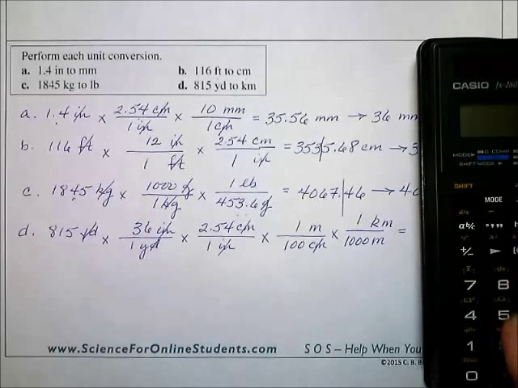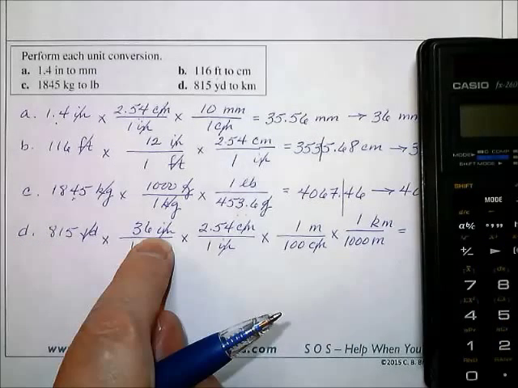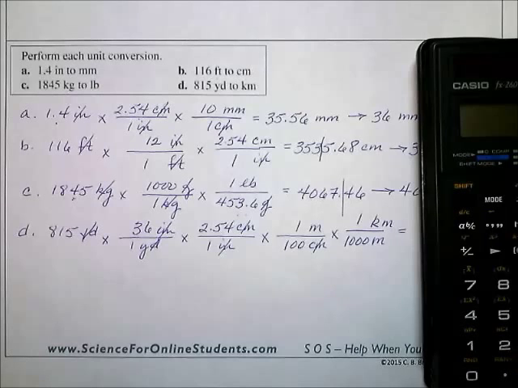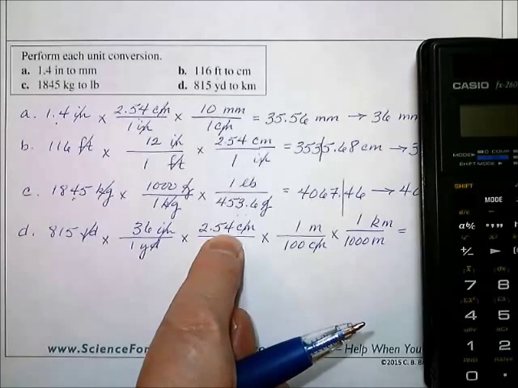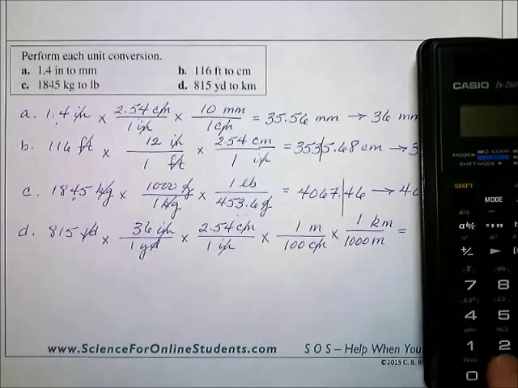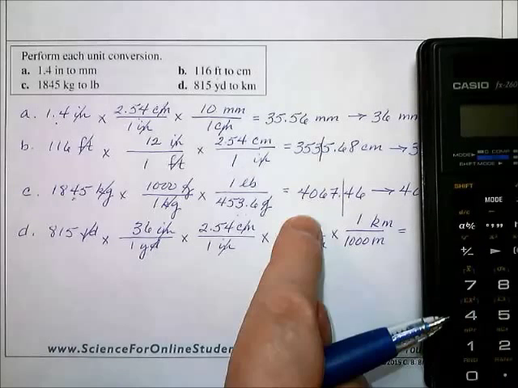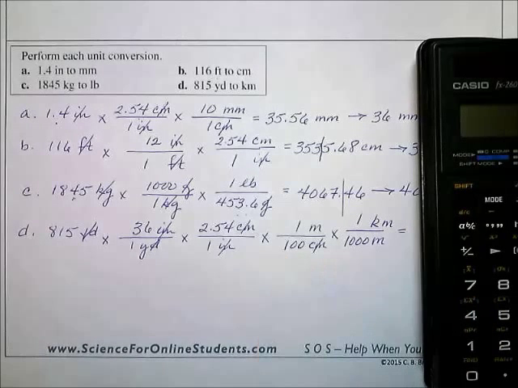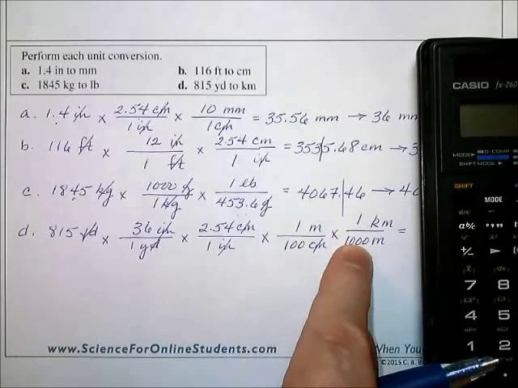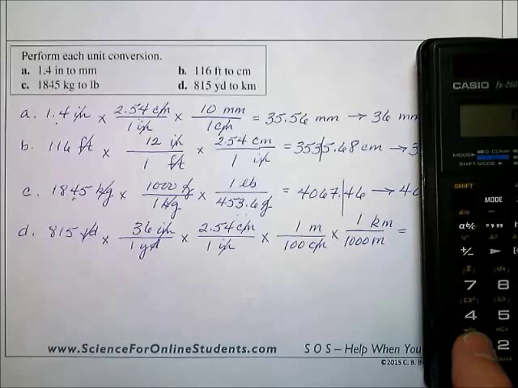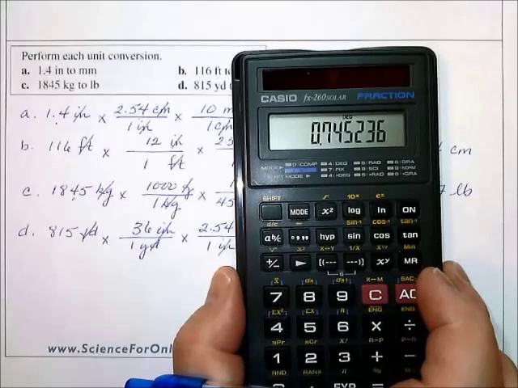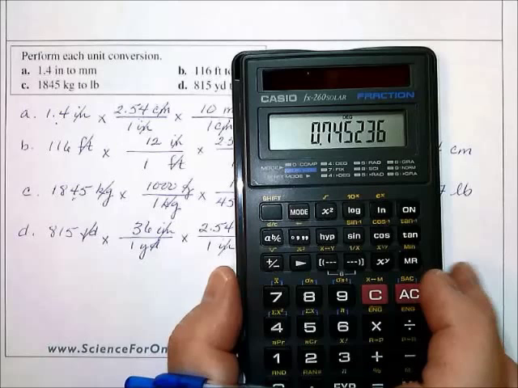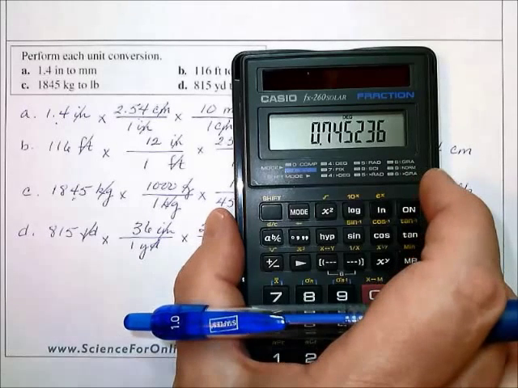815 times 36 times 2.54 divided by 100 divided by 1,000 equals 0.74524.